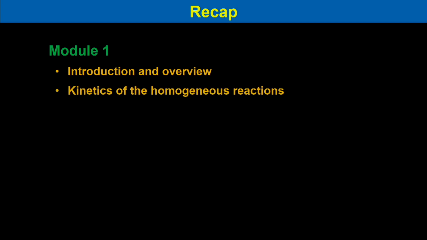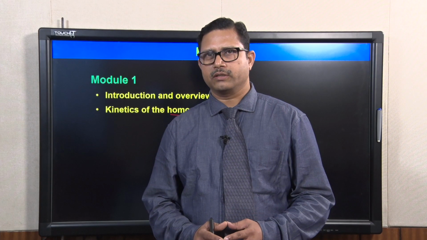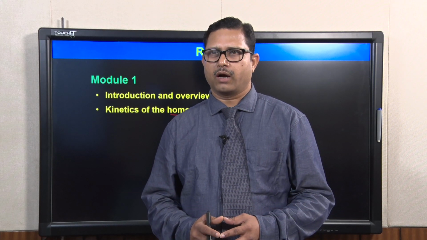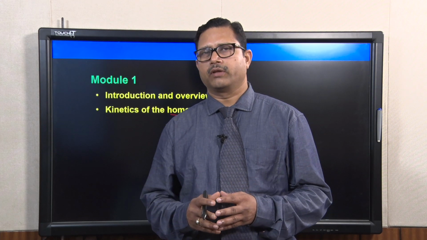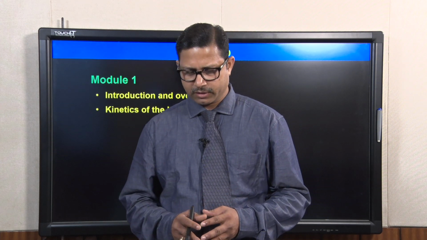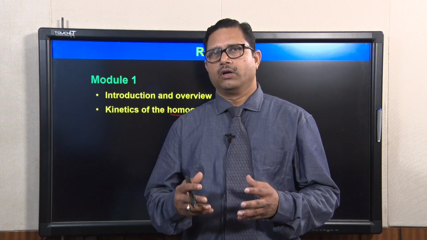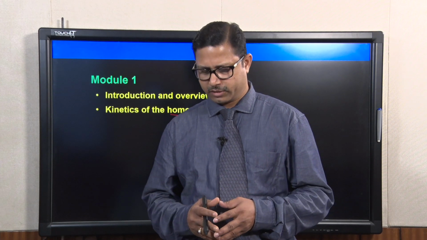Then we discussed the kinetics of the homogeneous reaction, where we considered different mechanisms which may occur and what their kinetics are, the order of the reactions, the molecularity of the reactions, and how to get the order of the reactions from a particular rate equation. Then we classified the kinetics of the reactions into elementary and non-elementary reactions.